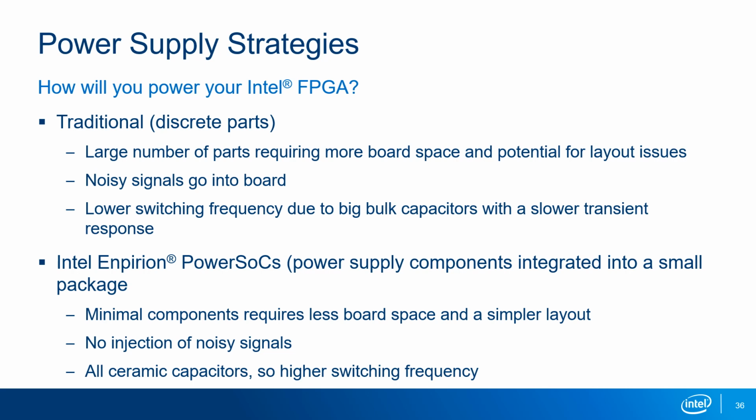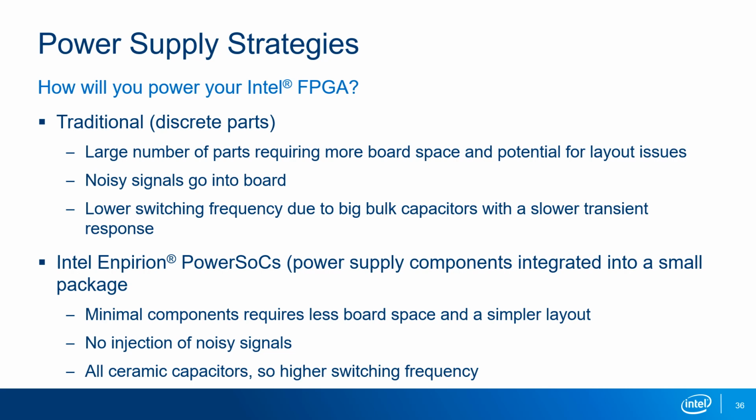And finally, because traditional discrete parts use a slower switching frequency, they require larger bulk caps and have a slower transient response. So to solve these issues, you can build your FPGA power supply using one or more of the Intel Enpirion Power SoC devices. Power SoCs combine the multiple components of a discrete part power supply into a very small package.